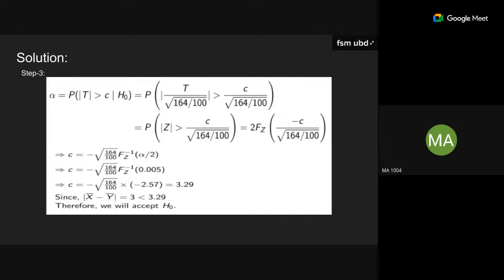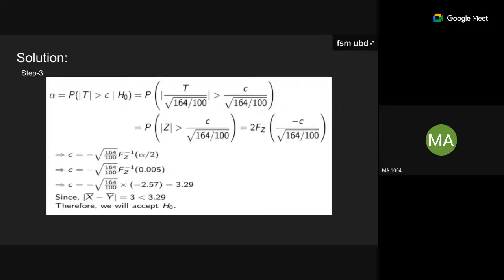So that means we cannot reject null, we will accept null. So always, if alpha is given, it's the comparison between the test statistic value which is given in the question and the critical value which you are going to compute by using alpha. Look at the test.